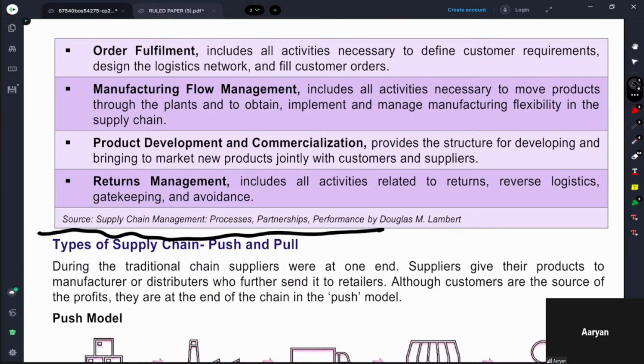Please read out very carefully, beta. If you don't understand any of the points, you can ask the same. It's very important to be very participative, especially in the theoretical chapters, theoretical topics.